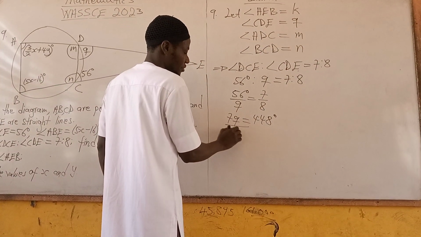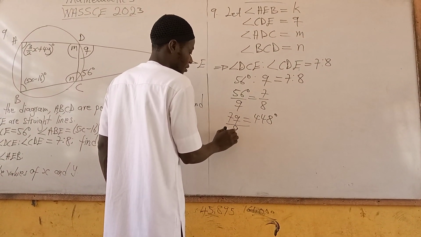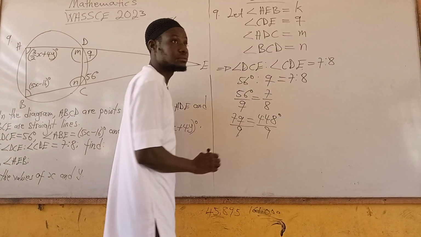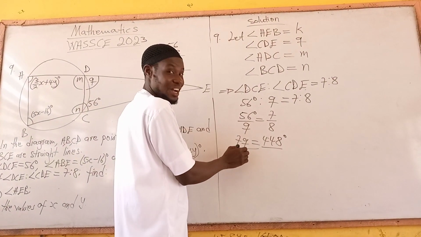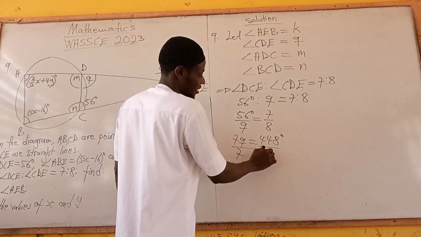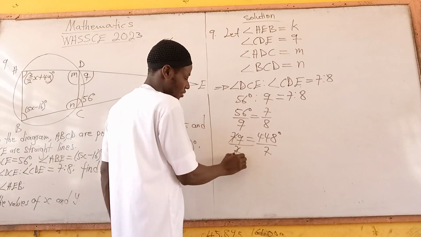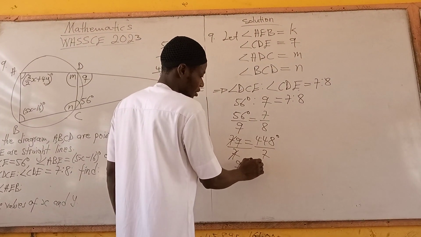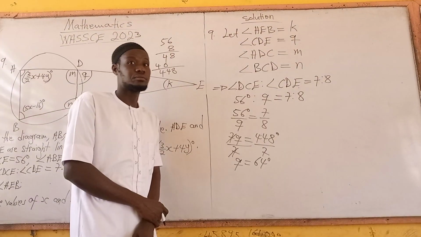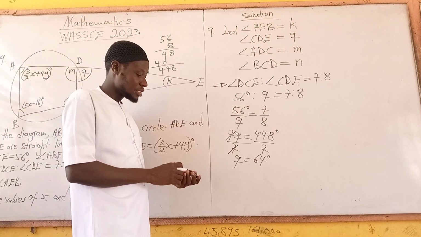Here we divide both sides by 7, this cancels that, giving Q equal to 64 degrees. So your Q is 64 degrees.